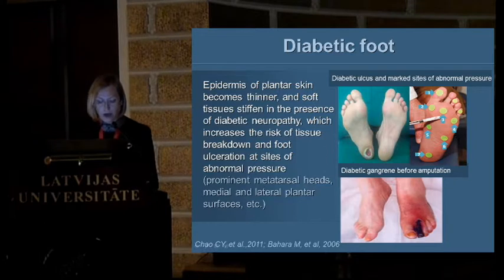Foot ulcers account for significant morbidity and mortality in diabetics and are responsible for about 70% of annual lower limb amputations.